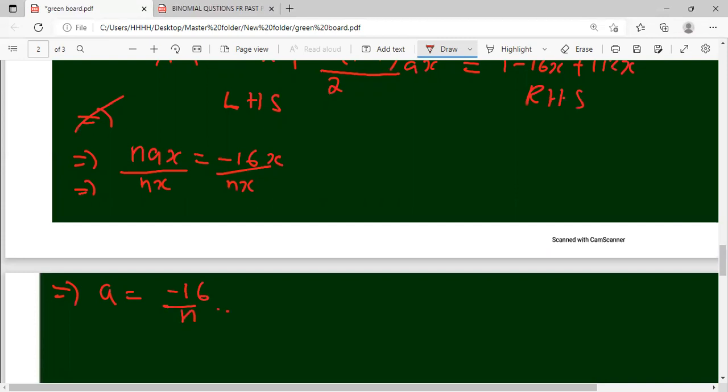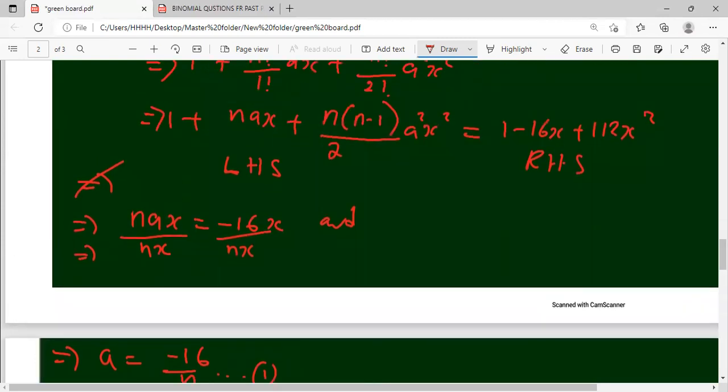So this will be like our equation 1, and we are going to equate the third term, which is n minus 1 over 2 a squared x squared. This should be equal to 112x squared.